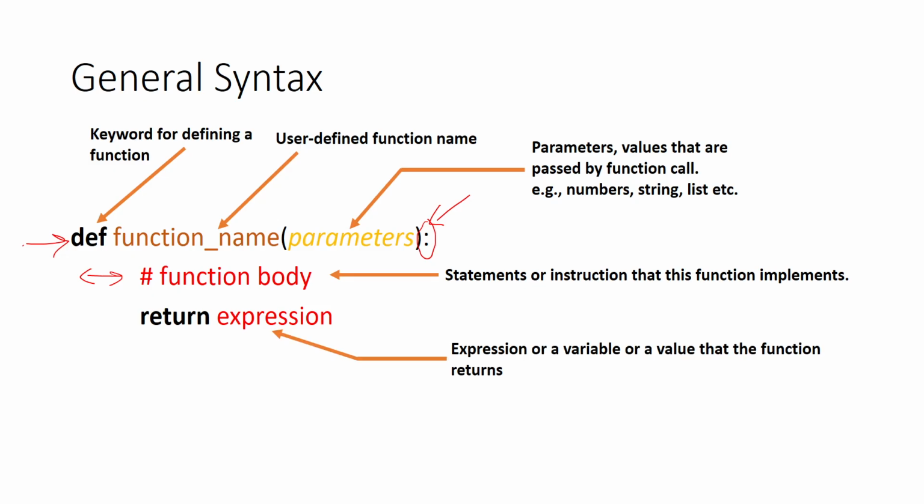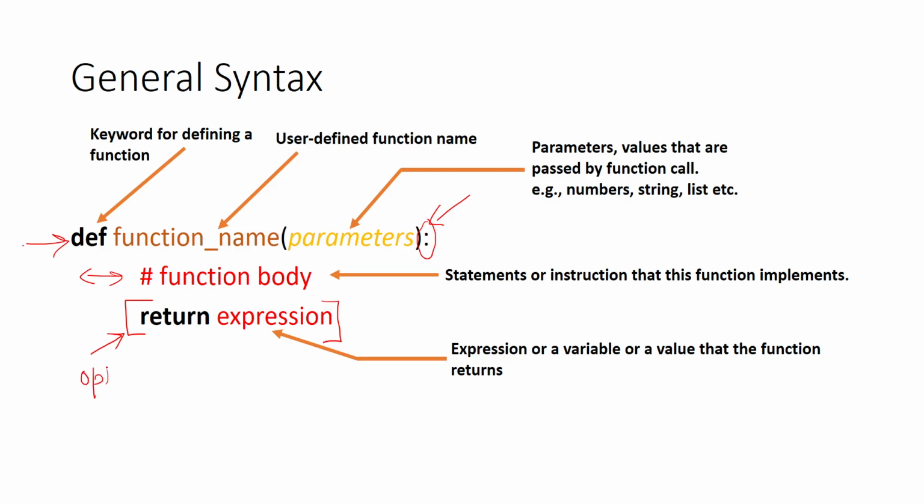And finally, you have an expression or a variable or a value that a function returns. If a function actually returns something, then only you will use a return expression. If it is not returning any value, then you can omit it. So in short, this return value is optional. What do we mean by optional?